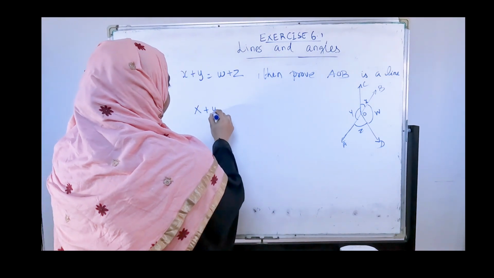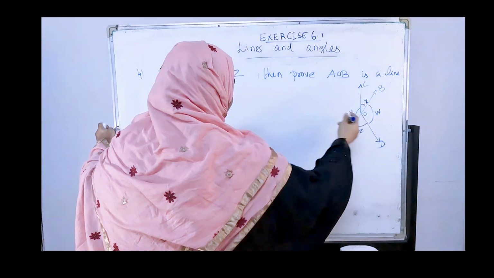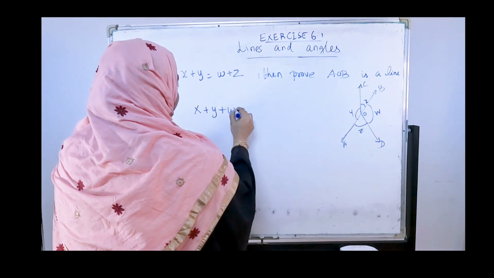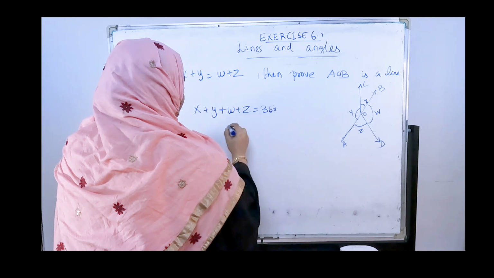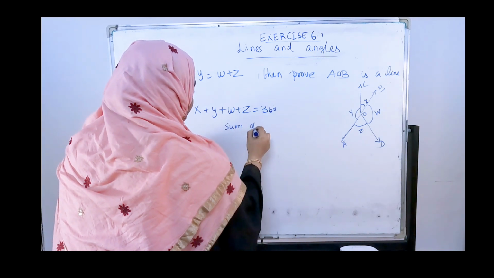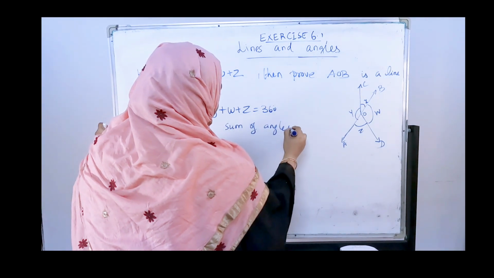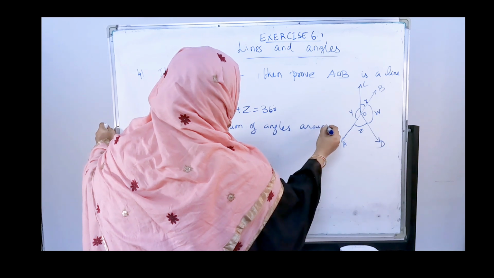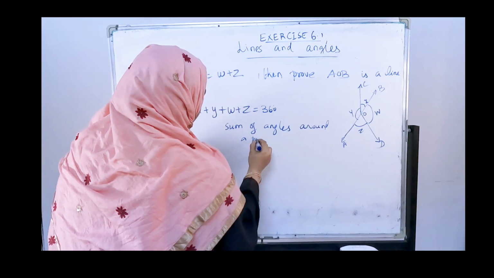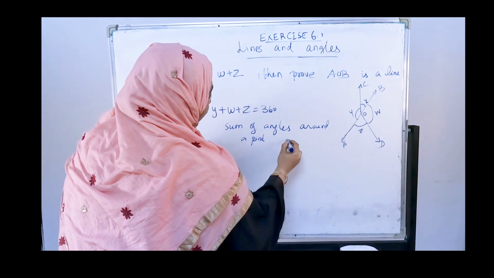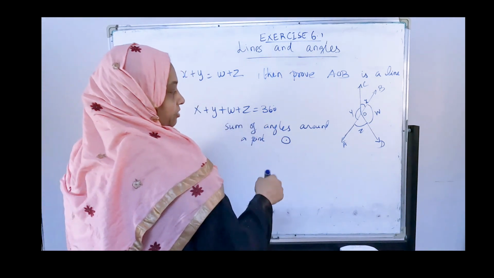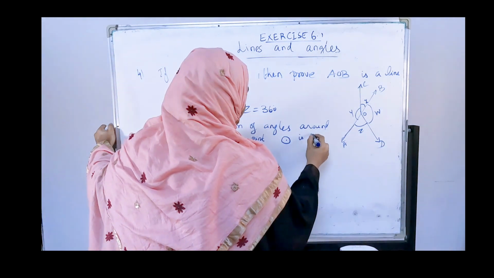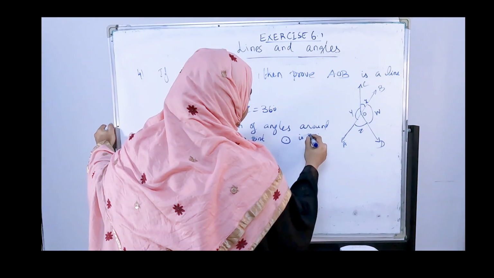x plus y plus w plus z is equal to 360 degree, sum of angles around a point. That means the angles around a point, if we are adding, is 360 degree, not 180 degree.